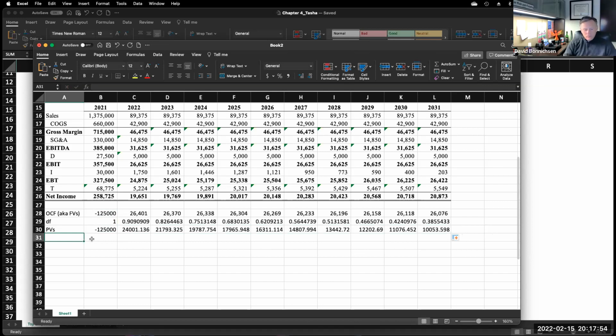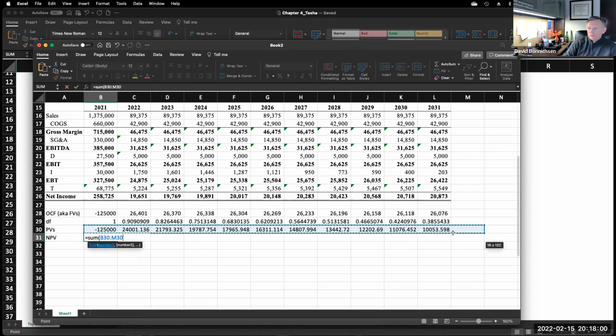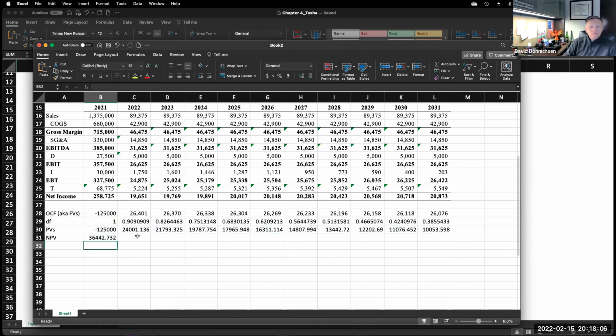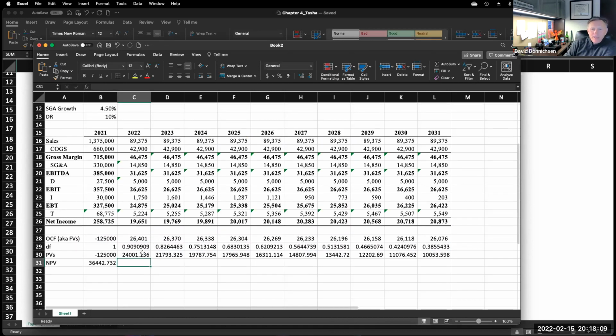And now we can calculate net present value as equal to the sum of all of the present values, and we come up with a positive number for Tasha's project.